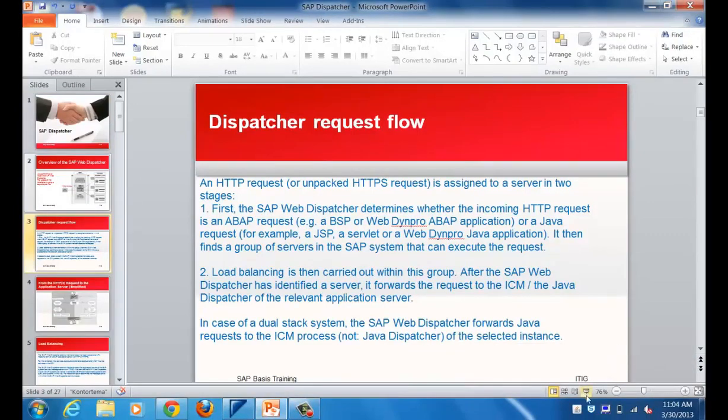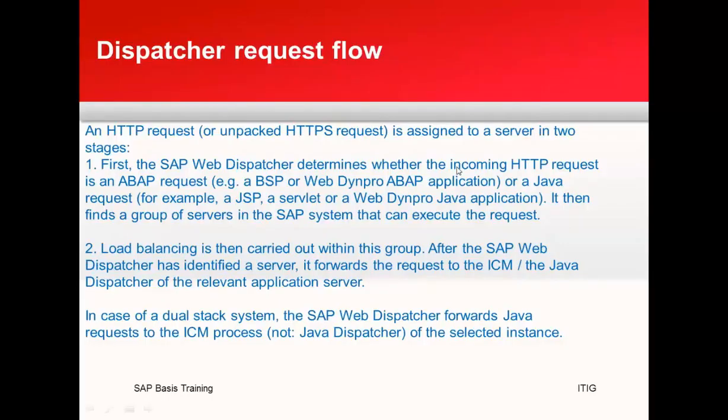So the first step, as we saw, is that the web dispatcher determines whether the incoming HTTP request is an ABAP request, which could be a BSP or a WebDynpro, or a Java request, which could be a JSP, a servlet, or a WebDynpro Java application. Once it has determined the type of the request, it finds a group of servers in the SAP system that can execute the request.